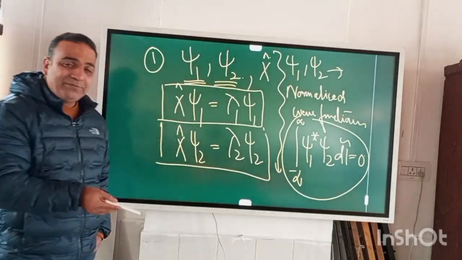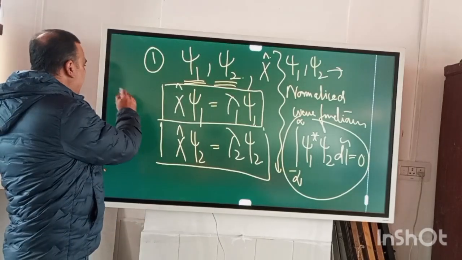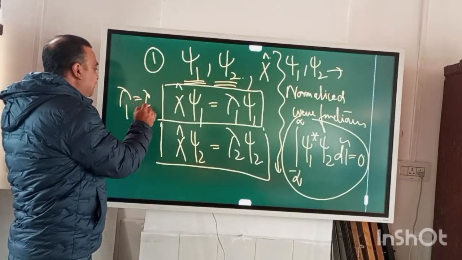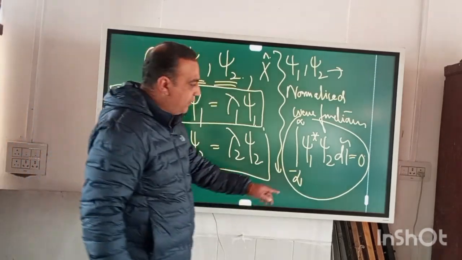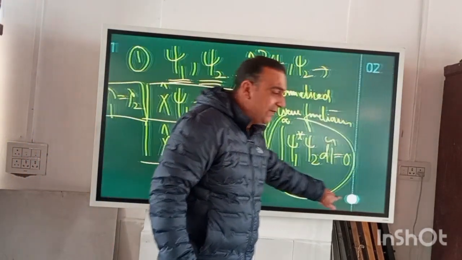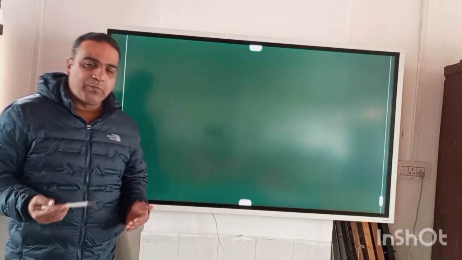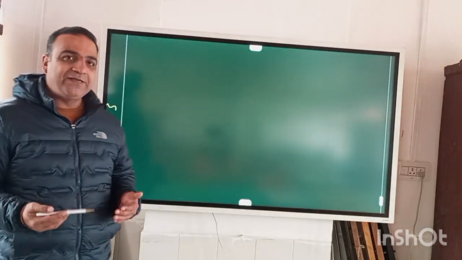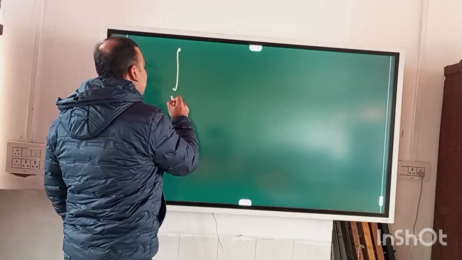Lambda 1 and lambda 2 being different indicates that lambda 1 is not equal to lambda 2. So we proceed with the proof of this orthogonality condition, starting with the property that when an operator is Hermitian, this equation is satisfied.